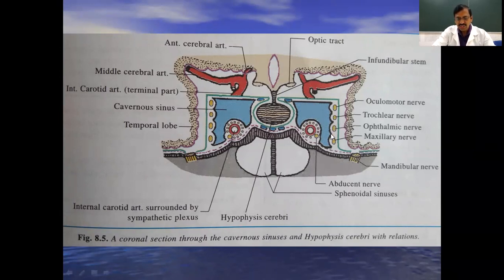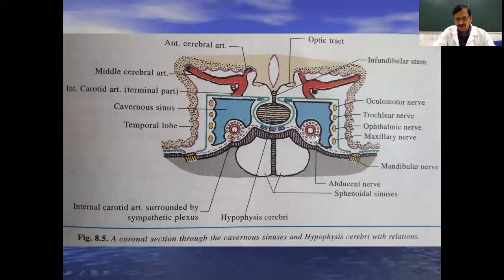And another important thing you can see here, another important relation along with the internal carotid artery, there is one nerve, that is the abducens nerve. This is the sixth cranial nerve. Whenever there is cavernous sinus thrombosis or any damage to this, it may lead to abducens palsy. This nerve supplies the lateral rectus of the eyeball.